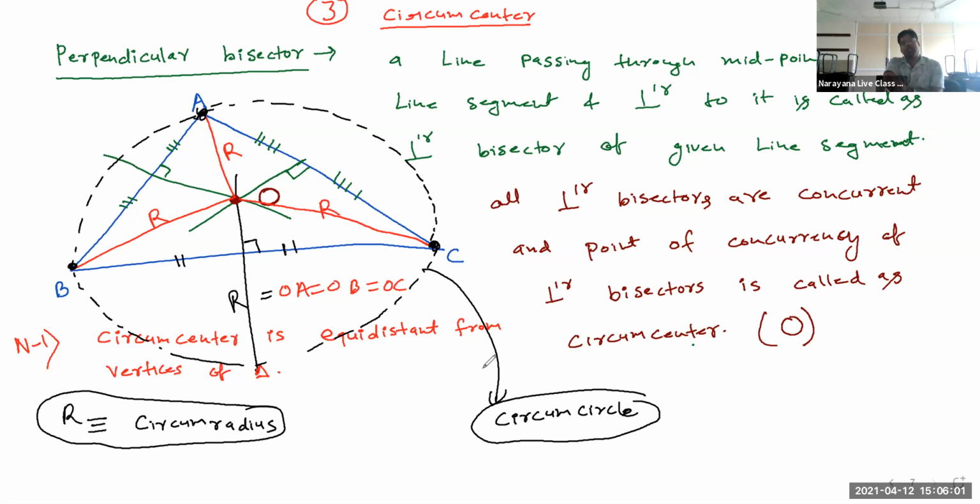Write it down. Okay, so I'm telling you one thing. Will the circumcenter always lie inside a triangle? So those who think yes, raise your hands. Will the circumcenter always lie inside a triangle, like the centroid? Listen once again.